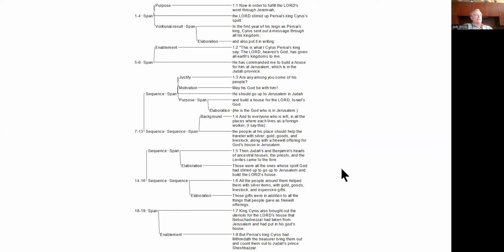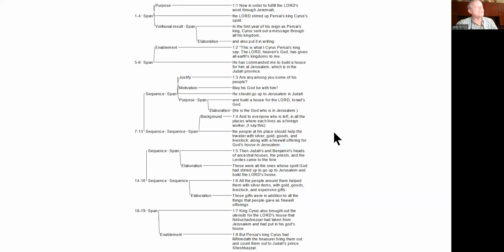So that's rather massive. The practical way of using this was to break it down into smaller units and analyze each unit separately. And so here I have the very first opening section of the book of Ezra.